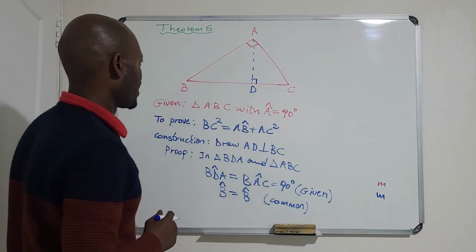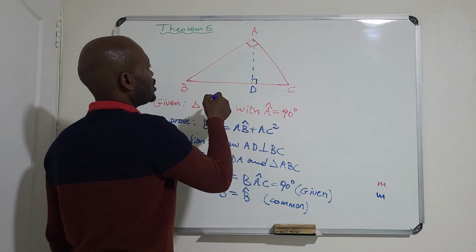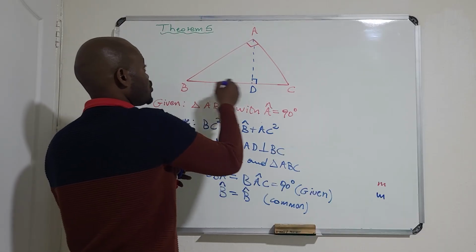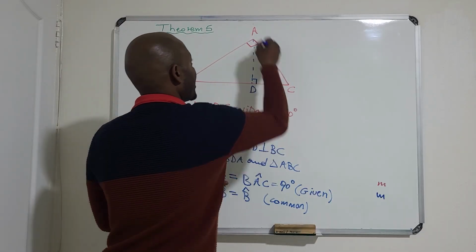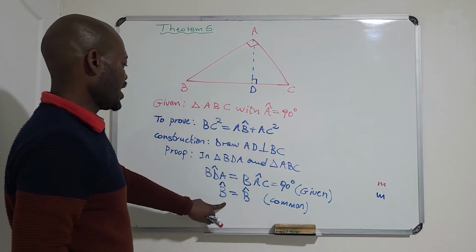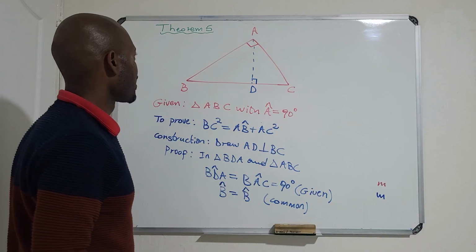Now, since we have shown that this angle is equal to this angle for the two triangles, because this triangle and this triangle share B, they share this angle. That is why we say angle B is equal to angle B, which is common.